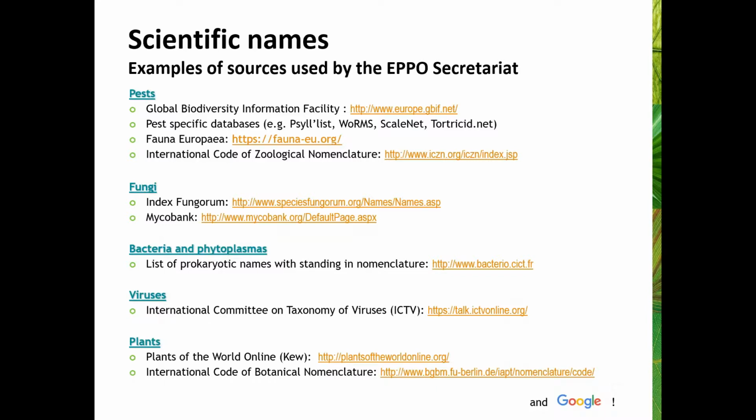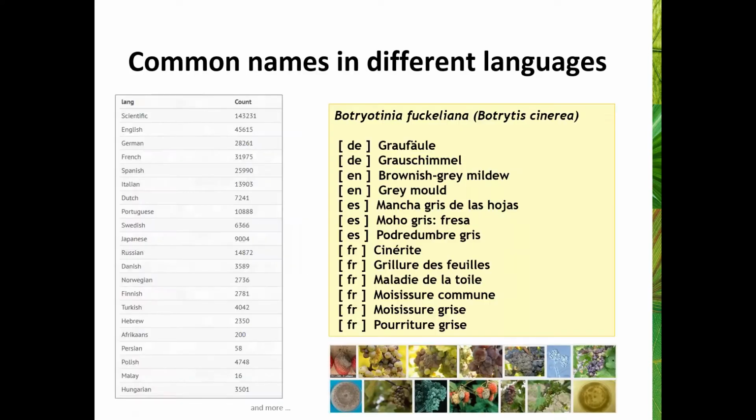So this is just for your information. As in EPPO, we are not taxonomists ourselves. We use a number of sources to try to arrive to what we think is the correct taxonomy. So just to give you a hint of the sources we are using to get the taxonomy right.